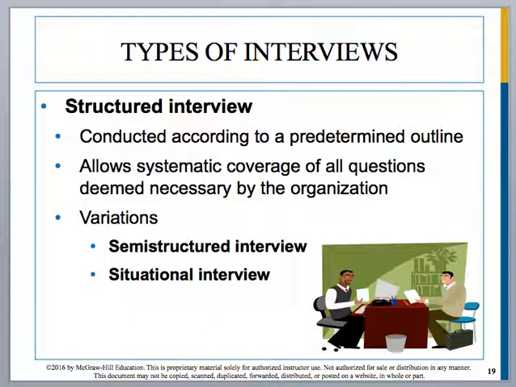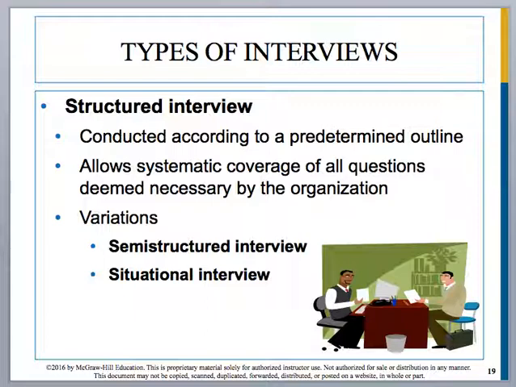So we have structured and unstructured interviews. In the structured interview, there's an outline that should be followed, and there are specific questions that should be covered, and there are different variations.